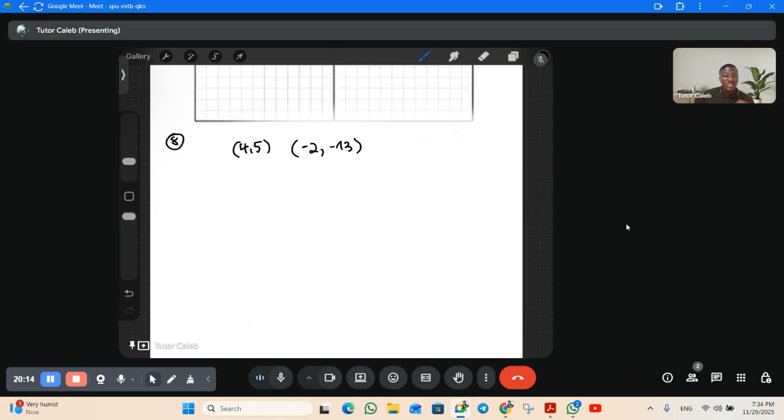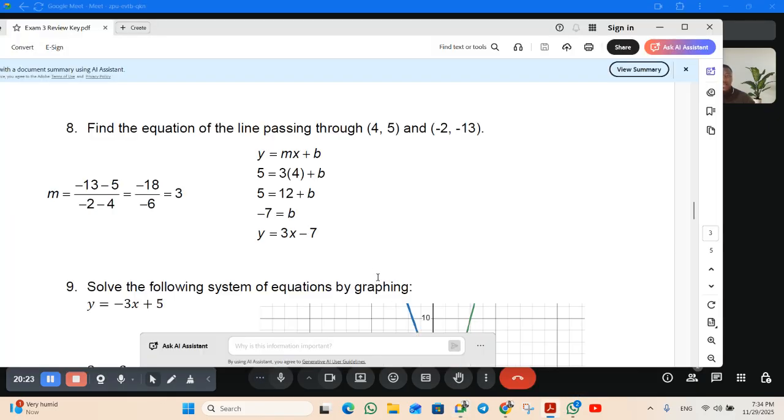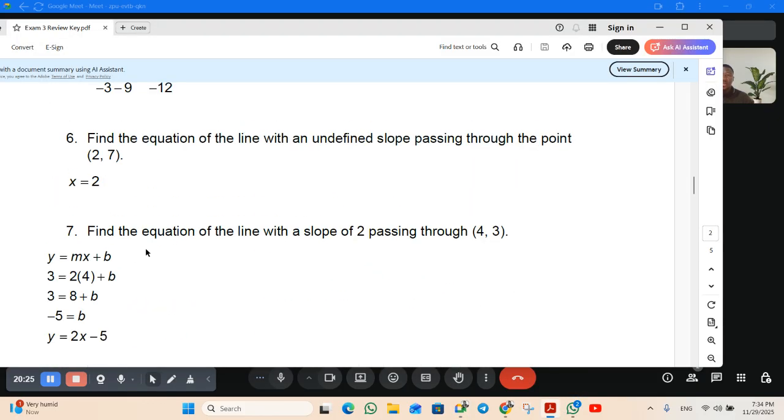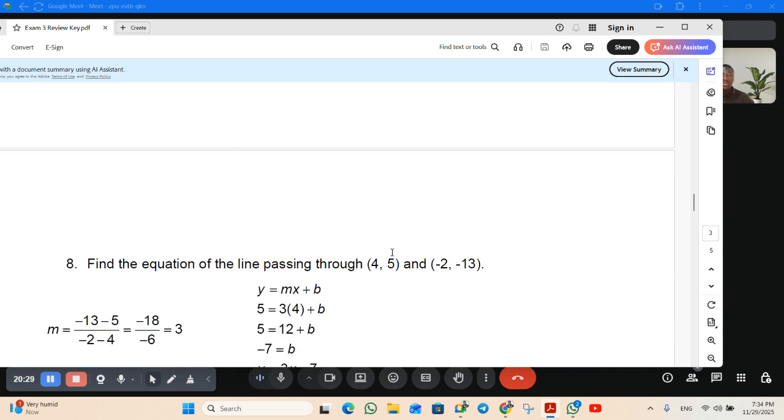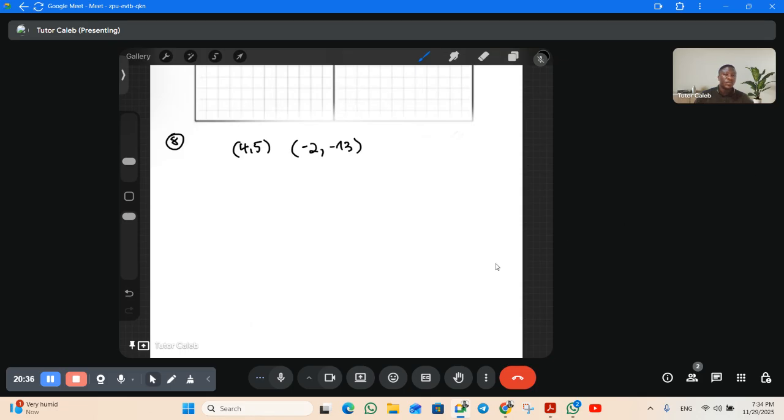But the difference between this question and question 7 is that question 7 gave us a point and the slope 2, while this question gives us two points, (4, 5) and (-2, -13), but doesn't give us the slope.